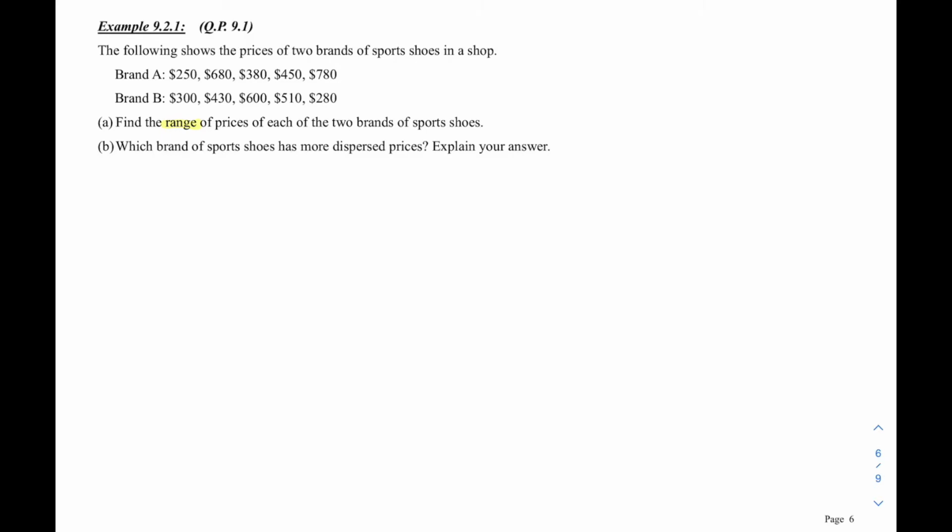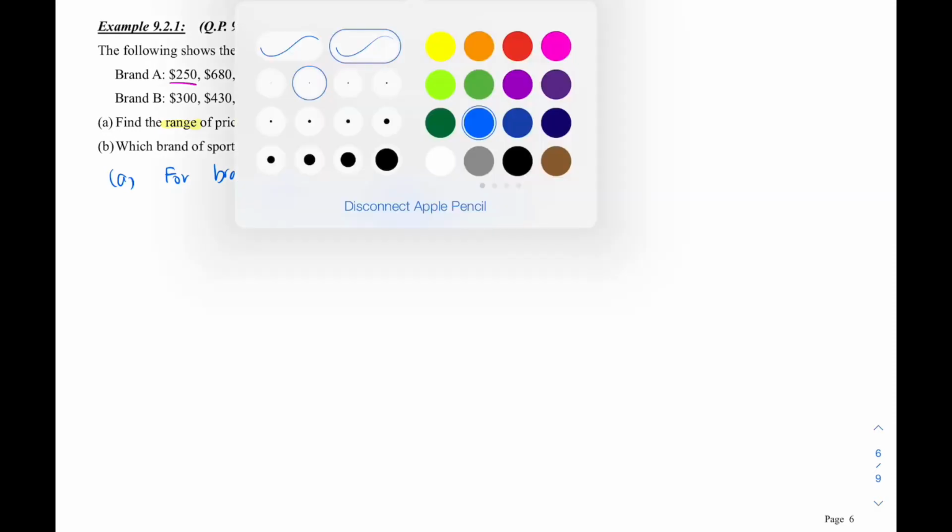For brand A, the highest is 780 and the smallest datum is 250. So for brand A, the range equals 780 minus 250, which is 530.